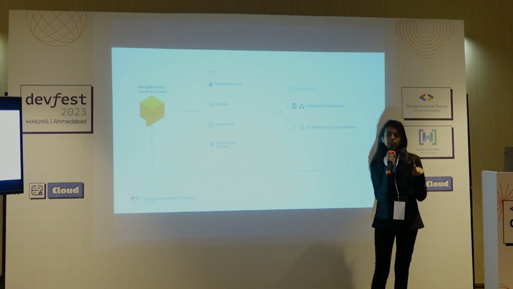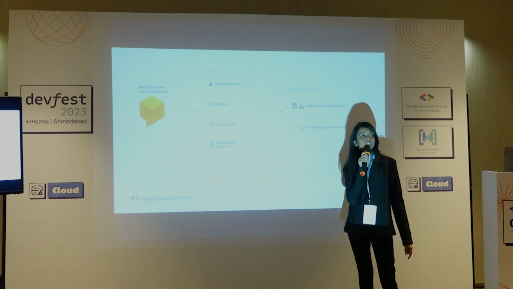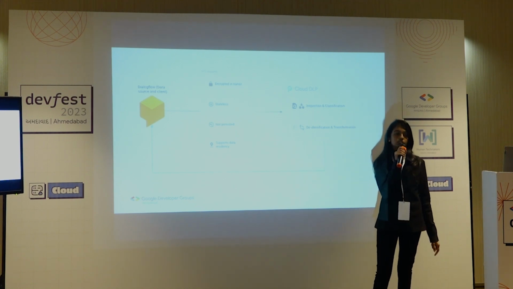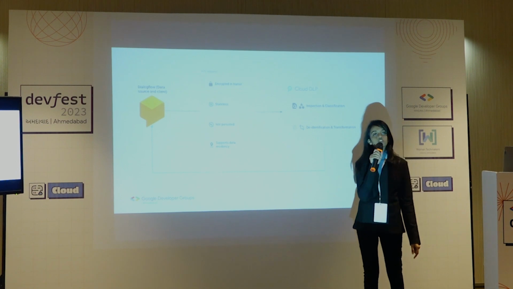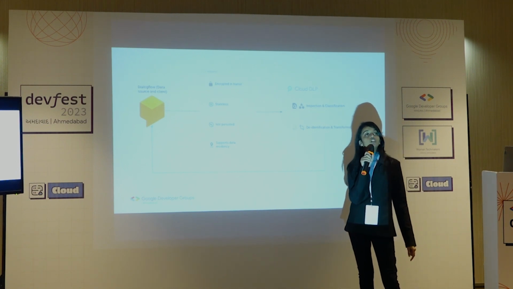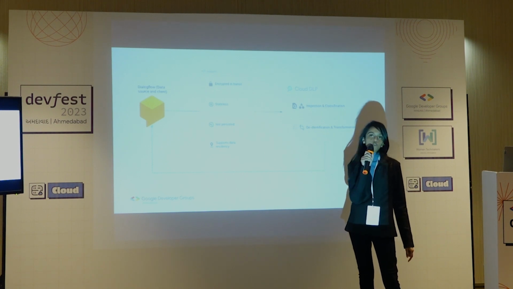Once the sensitive data is identified, the next step is to de-identify it. The de-identification will work with the help of various techniques, as we already discussed: masking, replacement, redaction, and so on. Once your data gets redacted or masked, it will be sent back to Dialogflow.